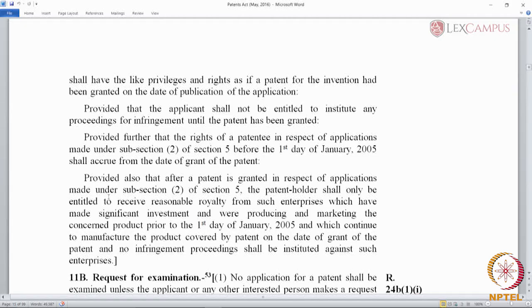Now, here this proviso says that if it is a 5(2) application, and understand a 5(2) application as an application for a pharmaceutical product which is received in a mailbox and which is not scrutinized upon the condition that it will be scrutinized and examined by the patent office only after 2005.